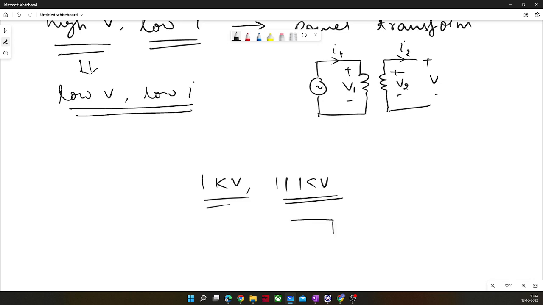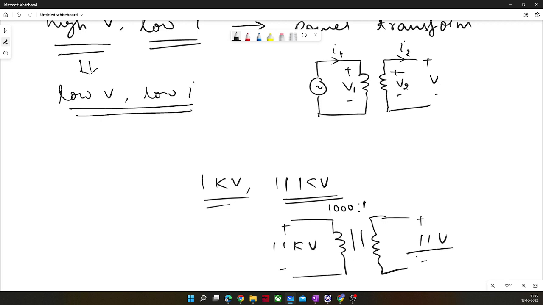If you have an 11 kV voltage here, you transfer it with a turns ratio of 1000 to 1, so it will come out to be 11 volt, right? 11 volt you can easily measure, right?